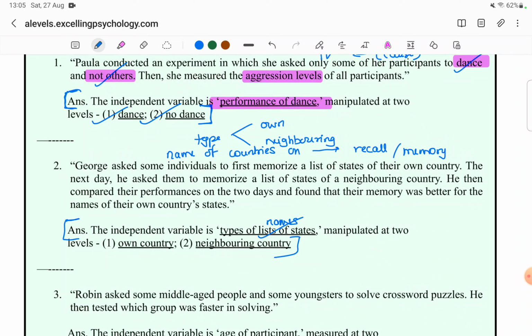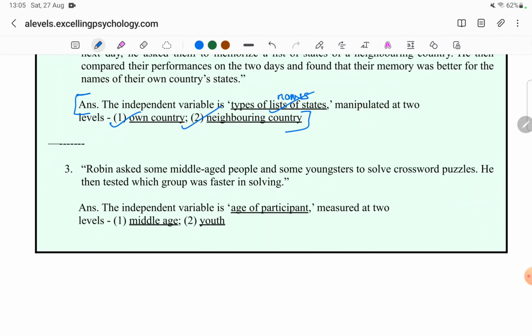There's no one fixed way of naming or calling the independent variable. We can simply say types of lists of states. What are the levels of it? So at 2 levels, own country and neighboring country.